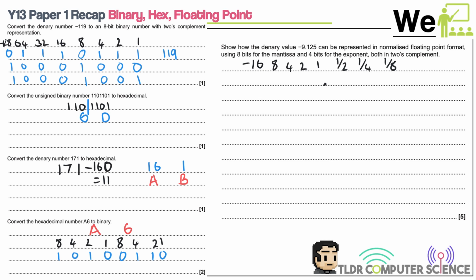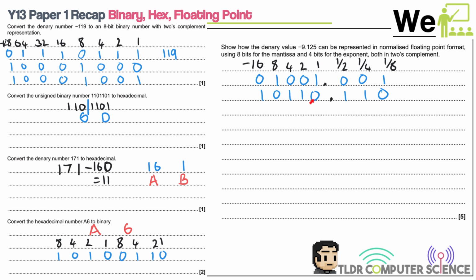Or alternatively, maybe you get a more complicated question. You can do the same as we did previously in the sense that you can make the positive version. So this is positive 9.125. And then you can flip them all. I think the one place that you can struggle sometimes is when you add a 1, you add 1 to the least significant bit.